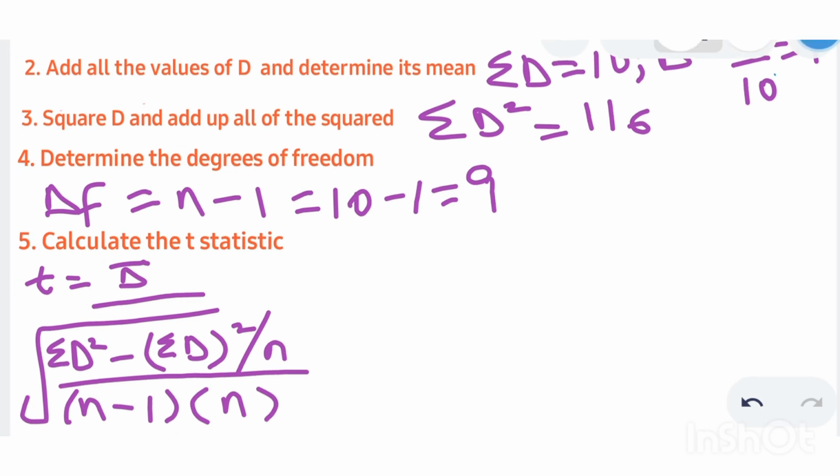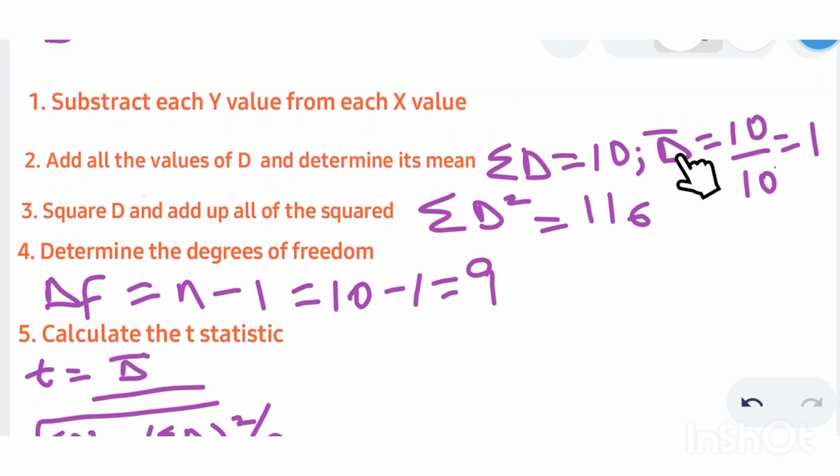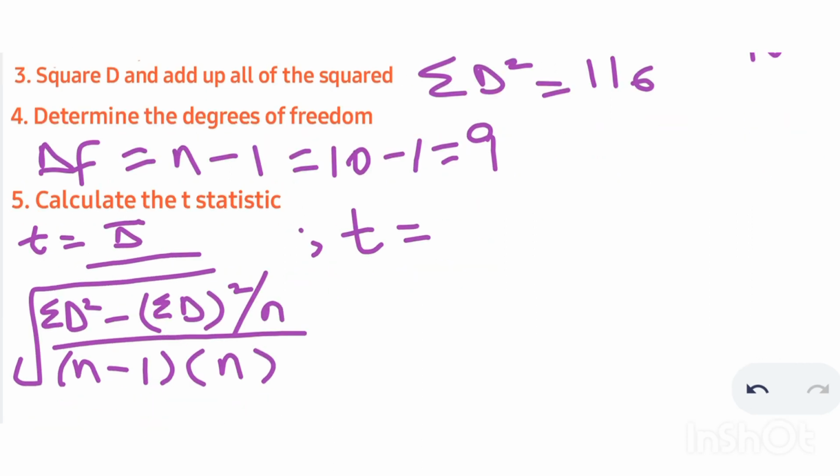Looking at our formula, t equals mean D. That takes us back to mean D, whose value is 1. And so we record that we have 1 over the root.